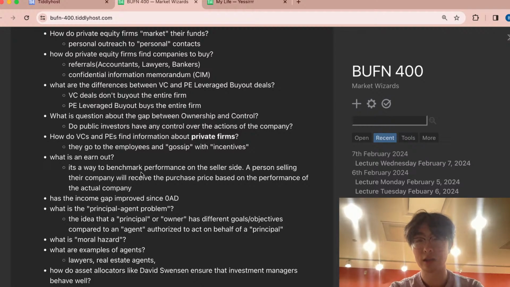VCs take only partial ownership of the business, while private equity firms usually buy out an entire company and install new managers, maybe new executive teams.